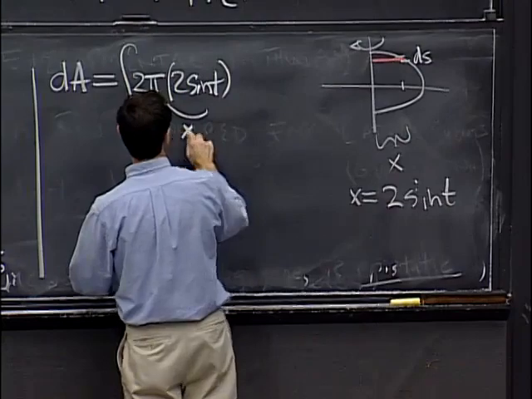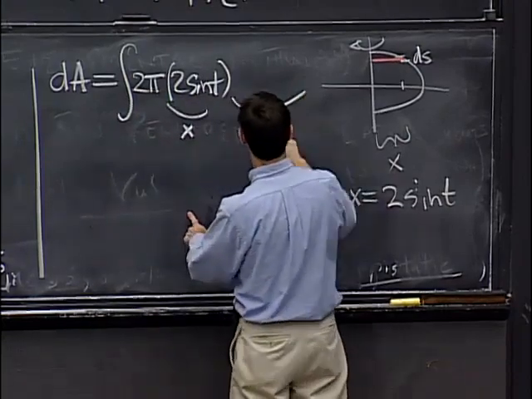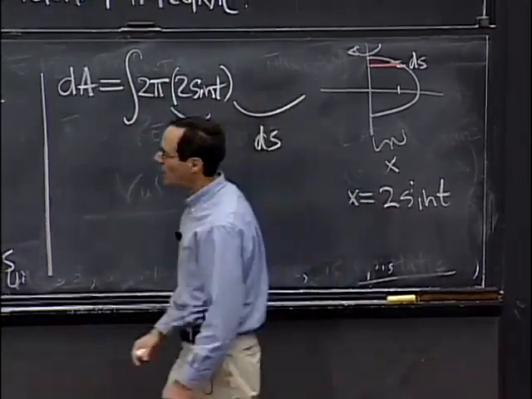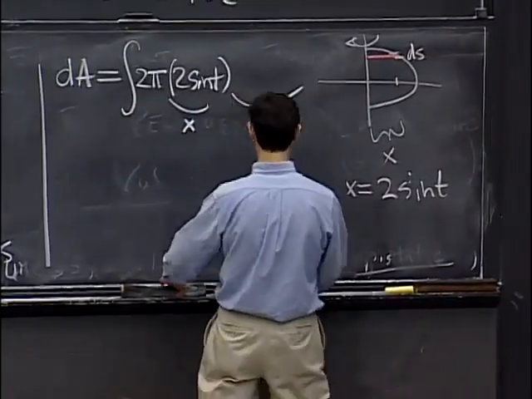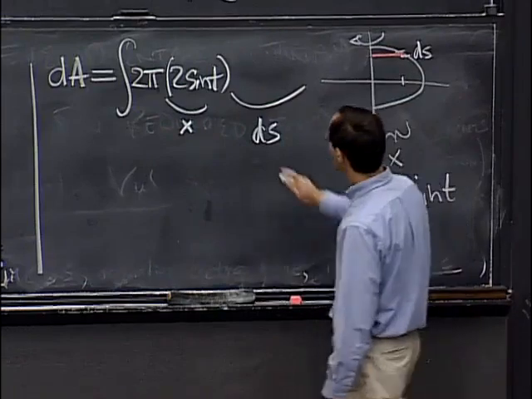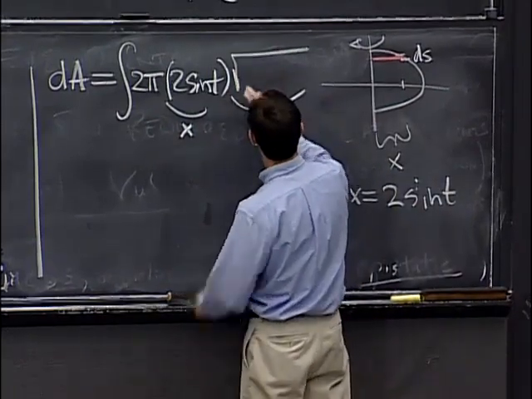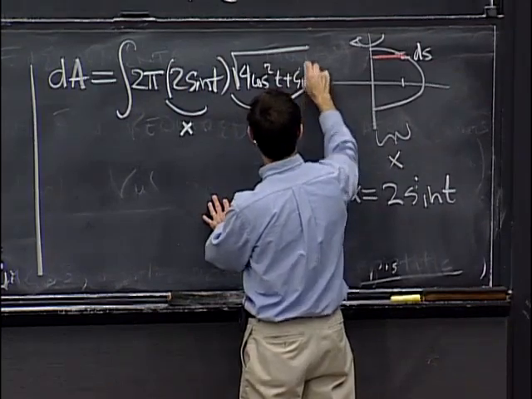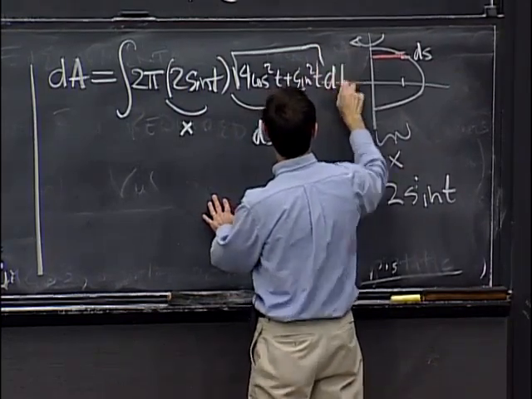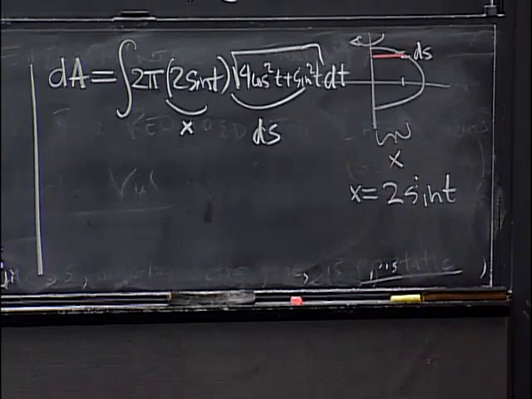That's the x variable here. And then I have here ds, which is kind of a mess. So unfortunately, I don't quite have room for it. Plan ahead. Square root of 4 cosine squared t plus sine squared t. Is that what it was, dt? All right, I guess I squeezed it in there.